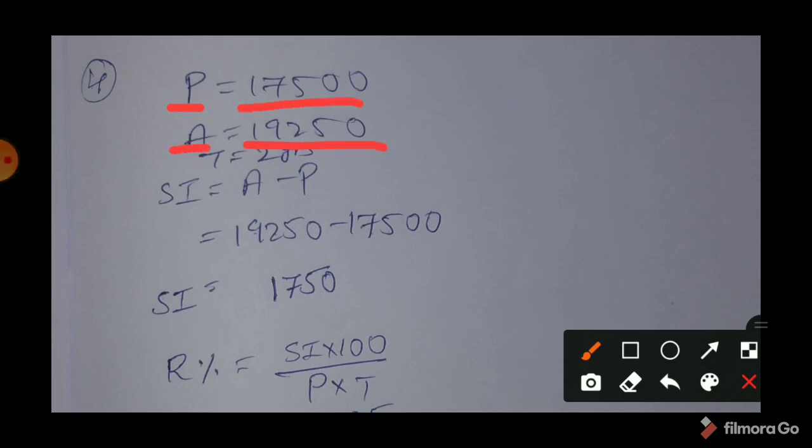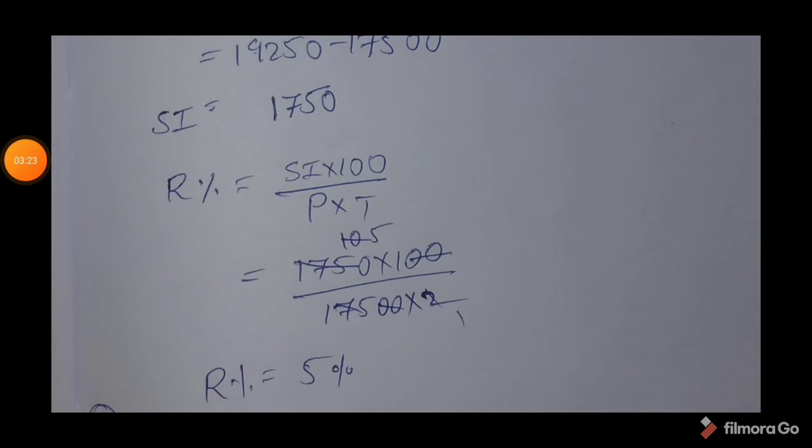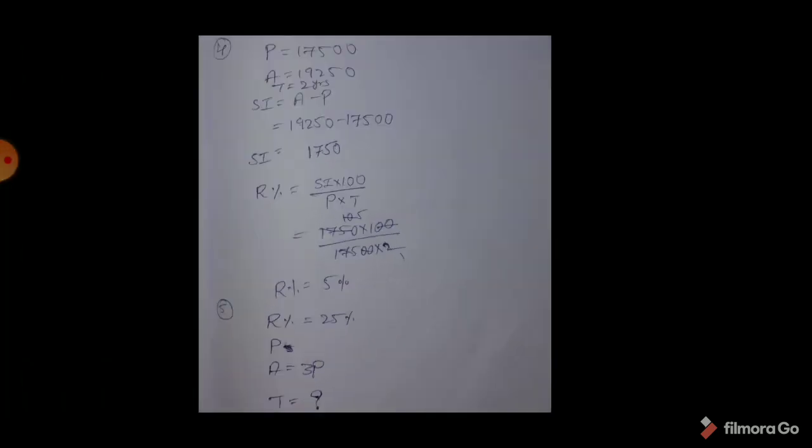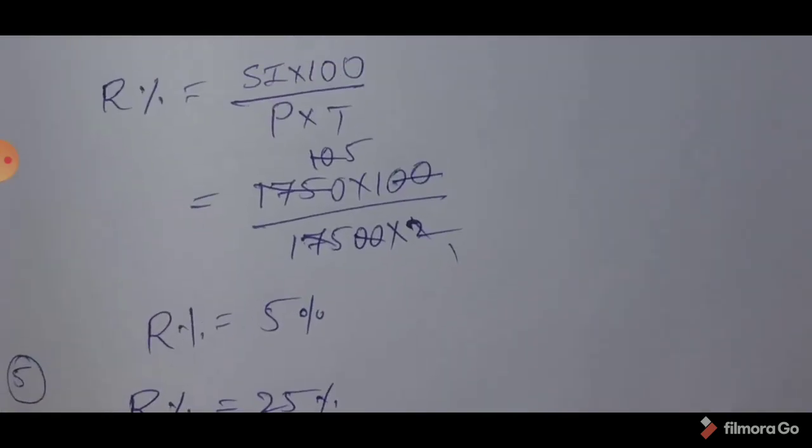Time period is 2 years, then SI equal to amount minus principal, that is simple interest is 1750, so rate of interest equal to SI into 100 by P into T, that is 1750 into 100 by 17,500 into 2. By simplifying all this we are going to get 5%. The rate of interest is 5%.